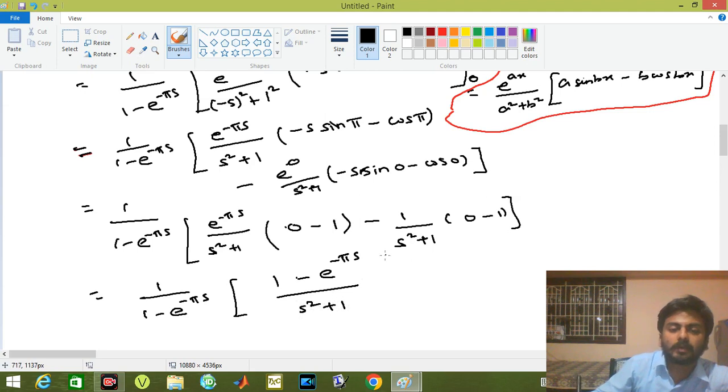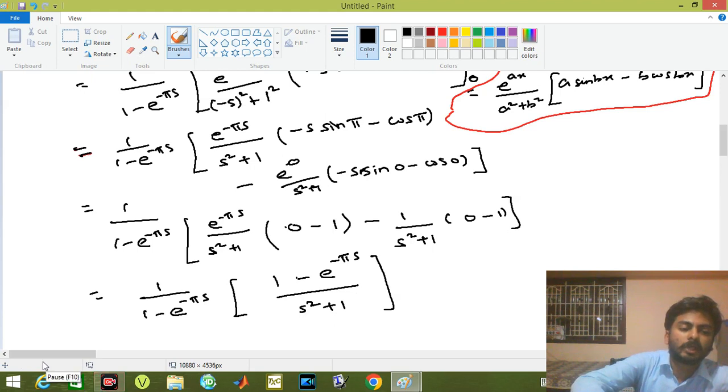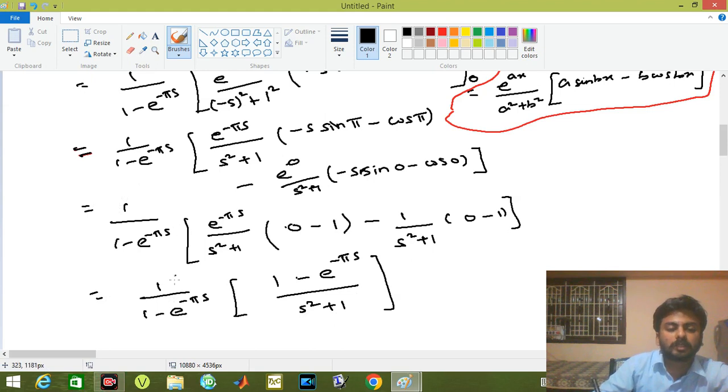Now you will have these two terms, but before cancelling we have to check. Here you have to see that the value of sin pi is 0, and the value of cos pi is minus 1, so minus of minus 1 becomes plus 1, so it will be 1 plus e power minus pi s.